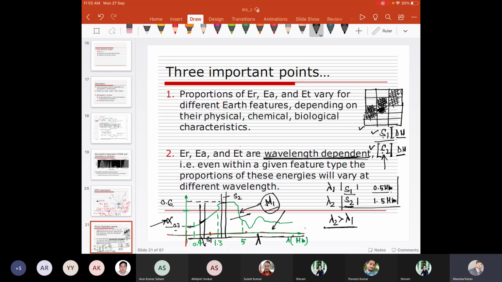Just see, one part I am discussing over here: if you change the wavelength, the behavior of the material is changing.